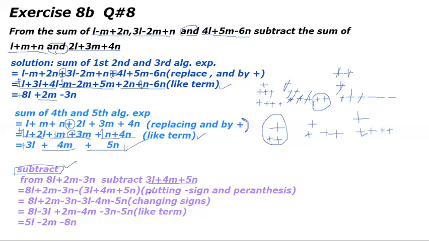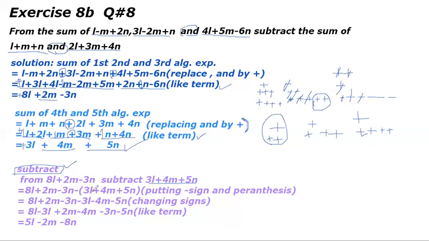In the first step, I have written in the parenthesis that putting negative sign and parenthesis. When you will do subtraction, the first rule is you will put negative sign and parenthesis. How? Like this. Look, this is 8l plus 2m minus 3n. This is first algebraic expression.